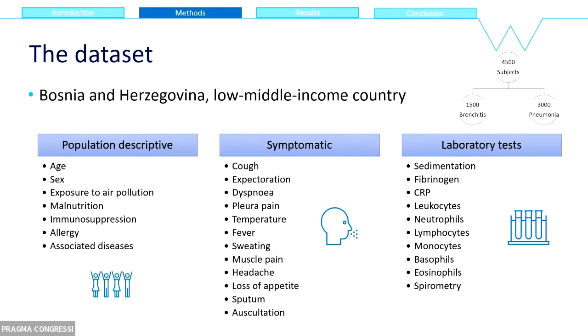So I won't go into huge detail, but we wanted to analyse this data and compare the subjects who suffered with bronchitis with pneumonia. So we had 4,500 subjects in this data set, 3,000 of which had a final diagnosis of pneumonia, and 1,500 with a final diagnosis of bronchitis.